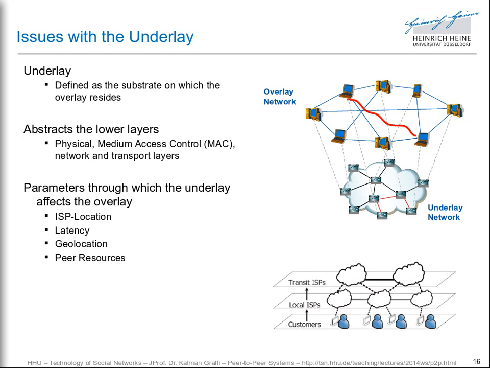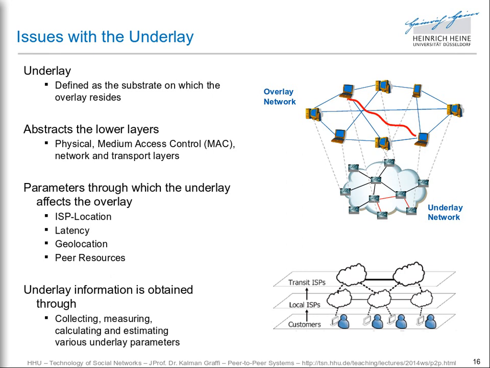Yes, we have some parameters through which the underlay affects the overlay: the ISP-location, for example, the latency, the geolocation, and peer resources. This is just an overview slide, so we go more in detail through this. Yes, and the underlay information is obtained through collecting, measuring, calculating, and estimating.